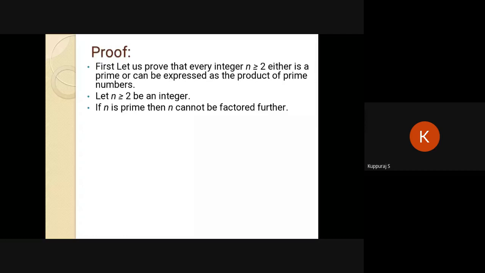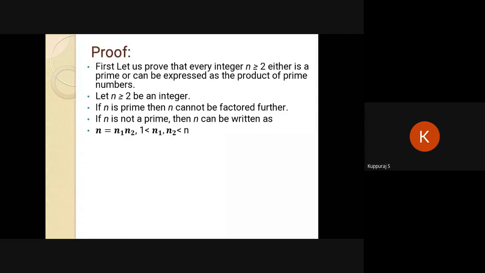n is not a prime means n is composite. A composite number has two factors, so n can be written as n equal to n1 into n2, where the values of n1 and n2 are greater than 1 and less than n.